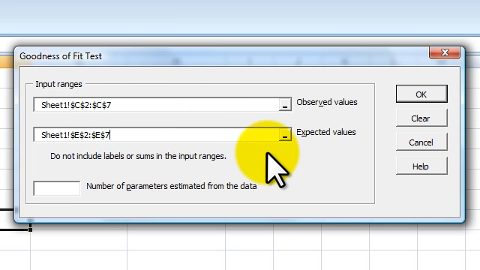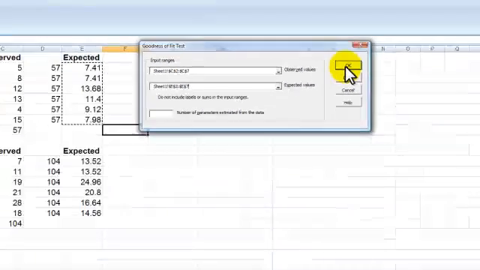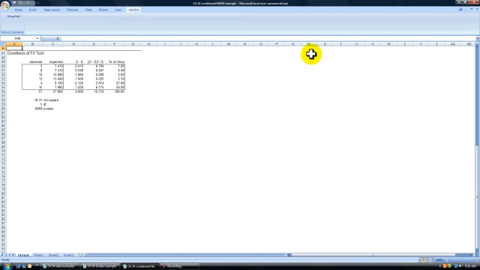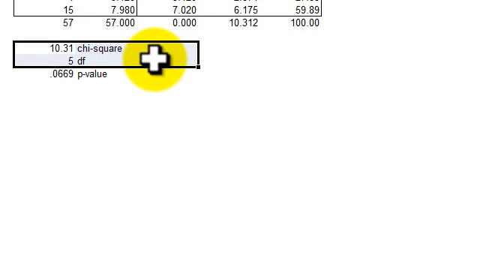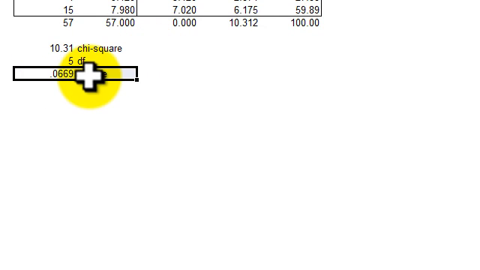How far away is what we observed from what we expected? Obviously, if it's close to 0, then we have a good fit. In this case, our chi-squared is 10.31. That's our test statistic, and our p-value is 0.0669.